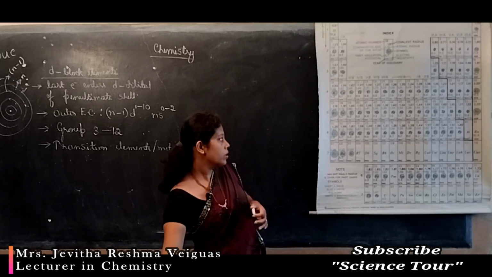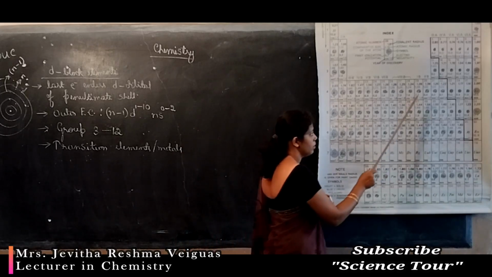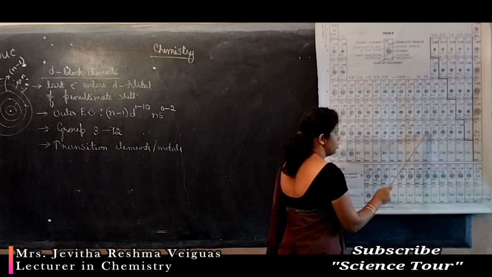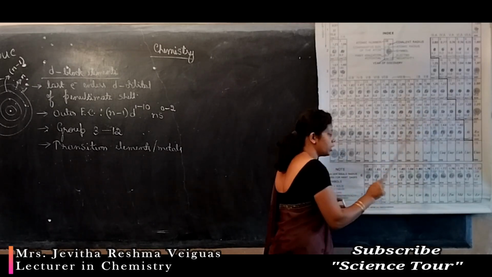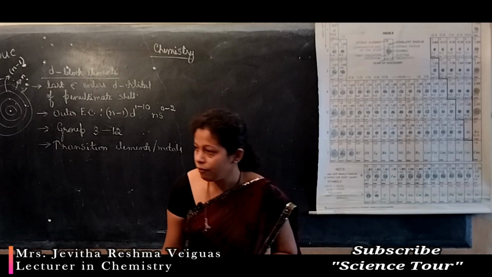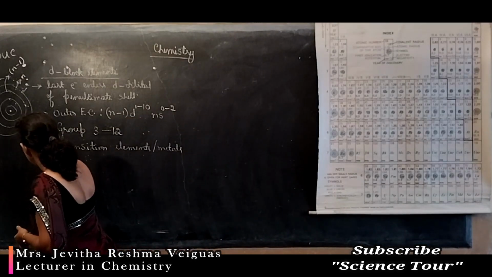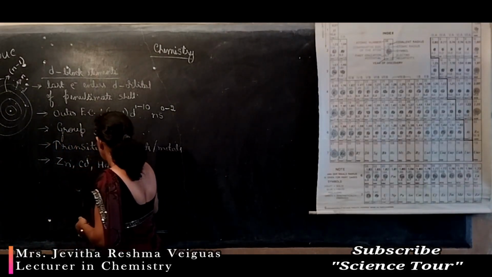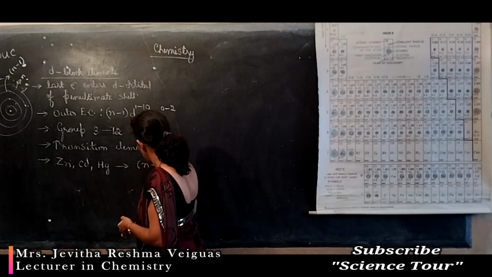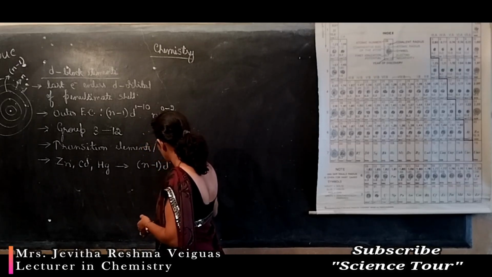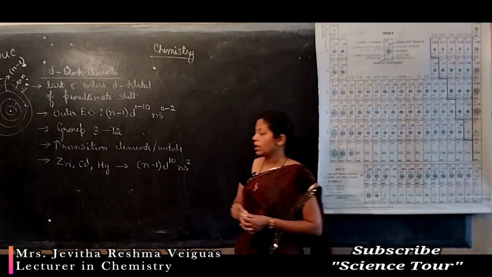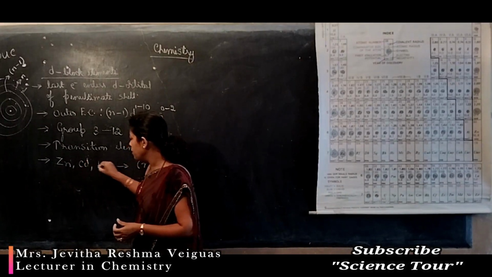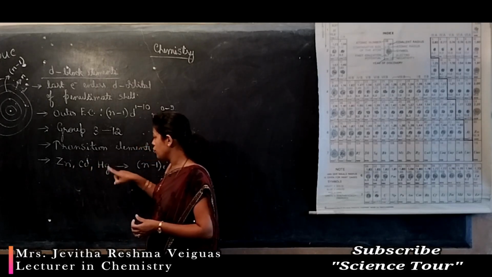Among these elements, the last ones, belonging to group 12, are zinc, cadmium, and mercury: Zn, Cd, Hg.